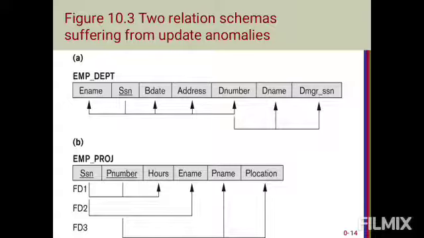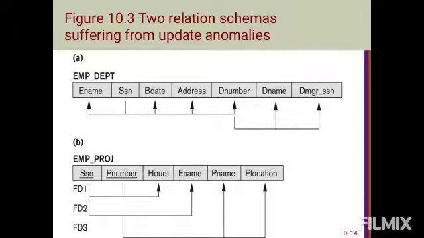Here are another two examples of insertion, deletion and update anomalies. Consider an EMP department table. Here the fields are e-name, SSN (the employee number), B date, address, D number, D name, D manager SSN. If a new employee comes into our company, we need to insert the employee in this table.